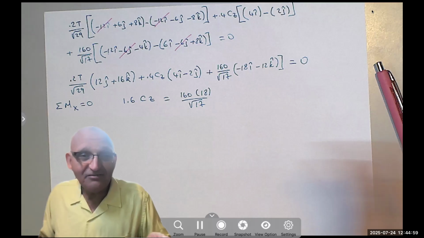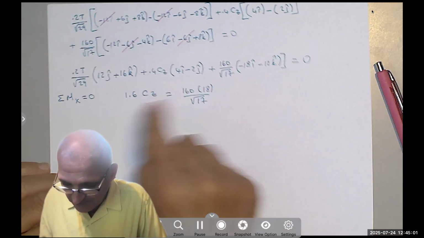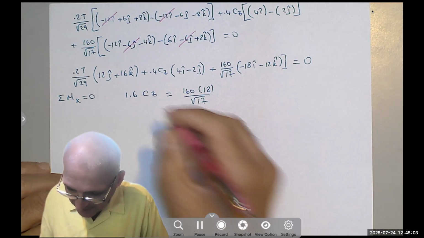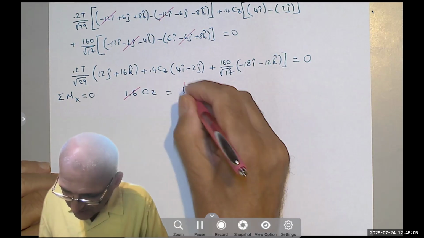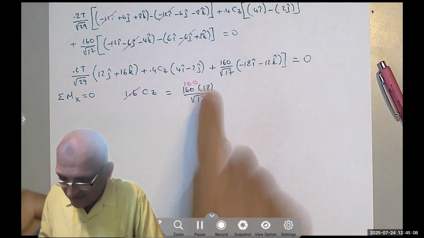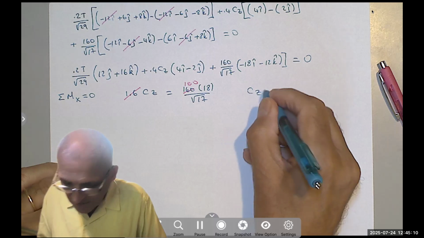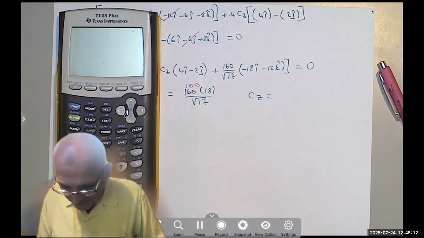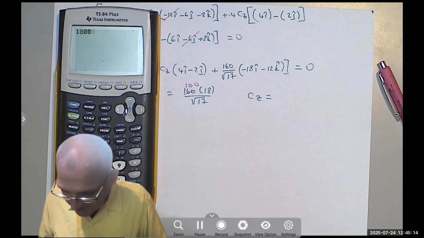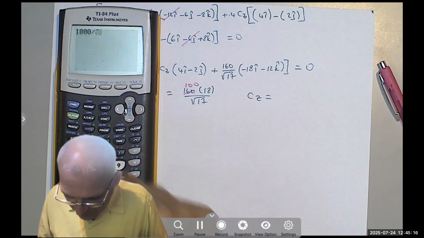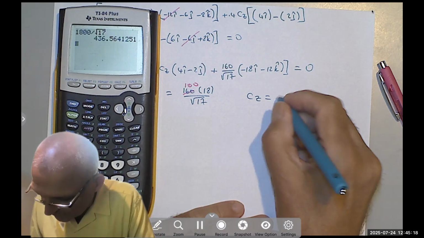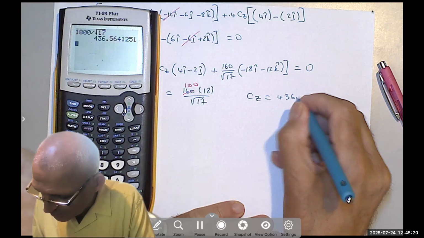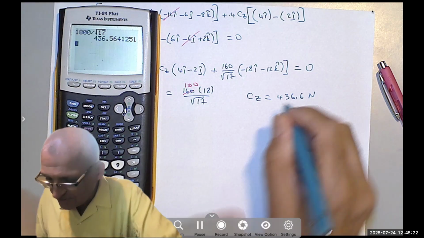Wow. So far, I haven't used the calculator. In fact, I can simplify by dividing both sides by 1.6. That would be 100. So I get 1800 over root 17. 1800 divided by the square root of 17, I get 436.6 Newton.